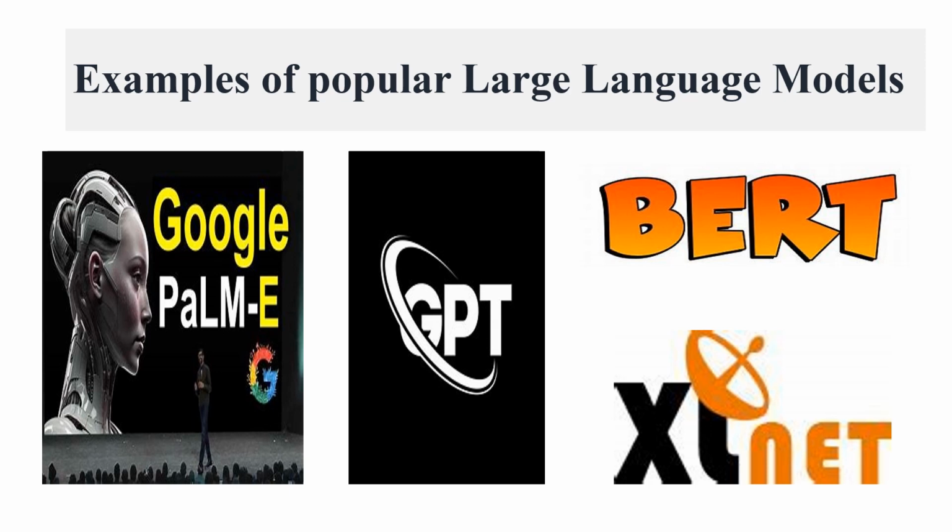Now, examples of popular LLMs. First is Google PaLM, a transformer language model which is capable of common sense and arithmetic reasoning, joke explanation, code generation, and translation, and performs very well. Then BERT, bidirectional encoder representations from transformers, developed by Google, which can understand language and answer questions.